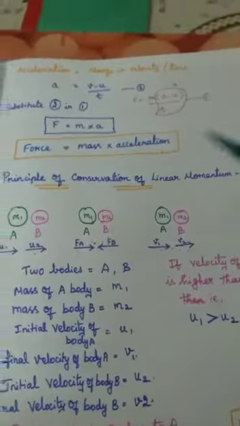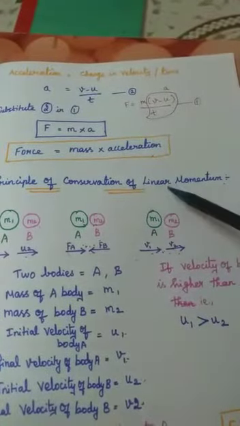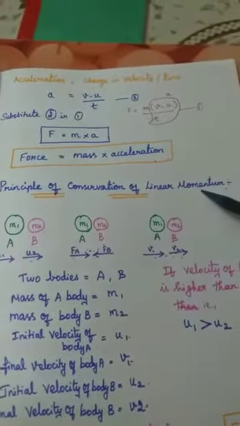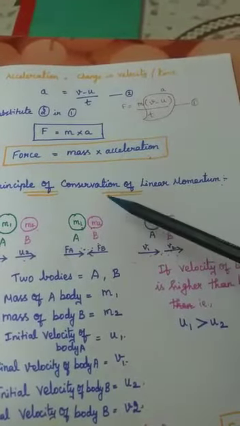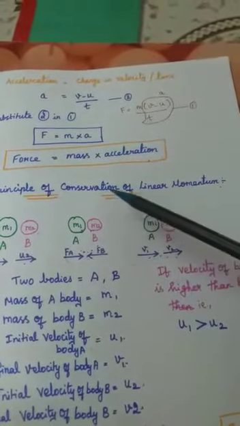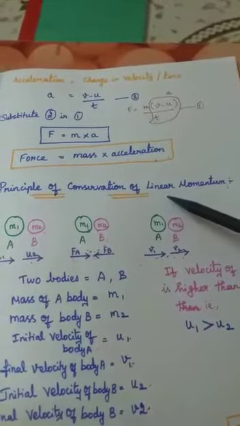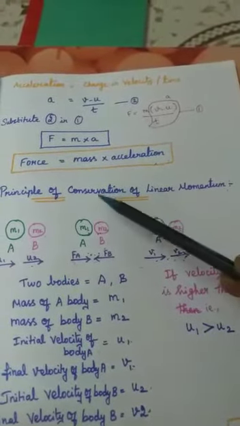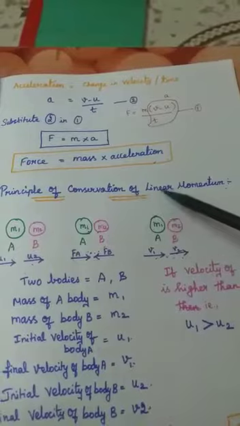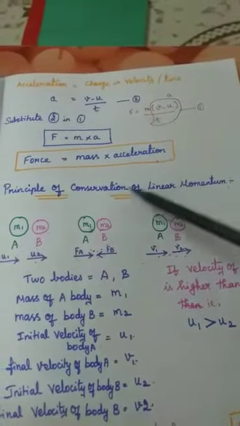Next we learn about the principle of conservation of linear momentum. We already know from Newton's second law that force is directly proportional to the linear momentum of that body. So now we learn in detail what is meant by linear momentum.